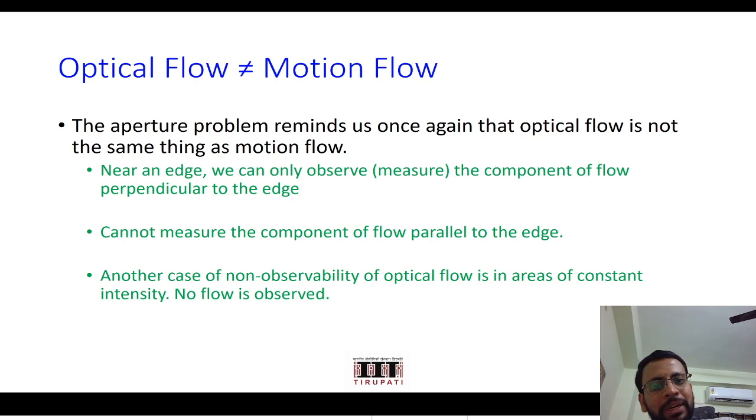With uniform intensity, it could get mapped to any of those pixels. So this is another case of non-observability. To repeat, you can only observe components perpendicular to the edge; parallel to the edge, you won't be able to. And if the region is uniform, this will not work out. So you cannot observe any motion flow despite there being a motion flow.